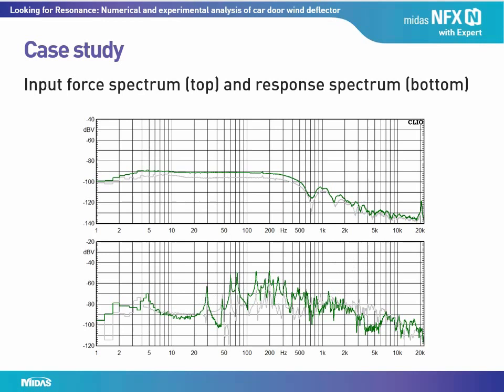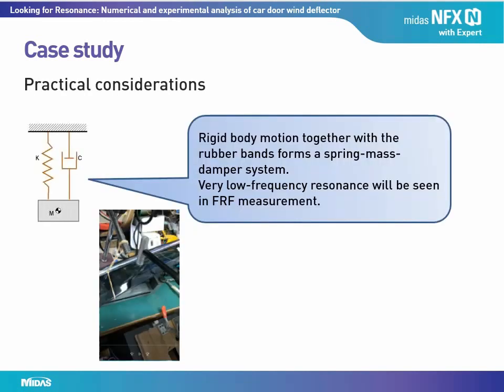The deflector under test was suspended by rubber bands. When we view the test object as a lumped element, the rubber bands and it form a spring mass damper system. Very low frequency resonance will be observed.